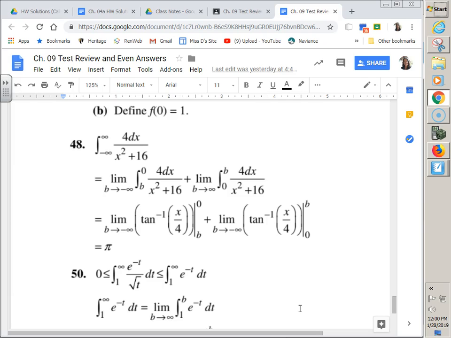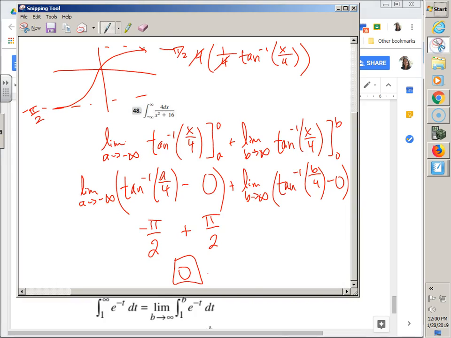Oh, it was 2. No, that was my bad. I plugged it in wrong. Top bound: 0 minus tangent inverse of A over 4. Minus a negative. I flipped my bounds, I don't know why. So top should have been first and that should have been second. So it's minus a negative pi over 2.